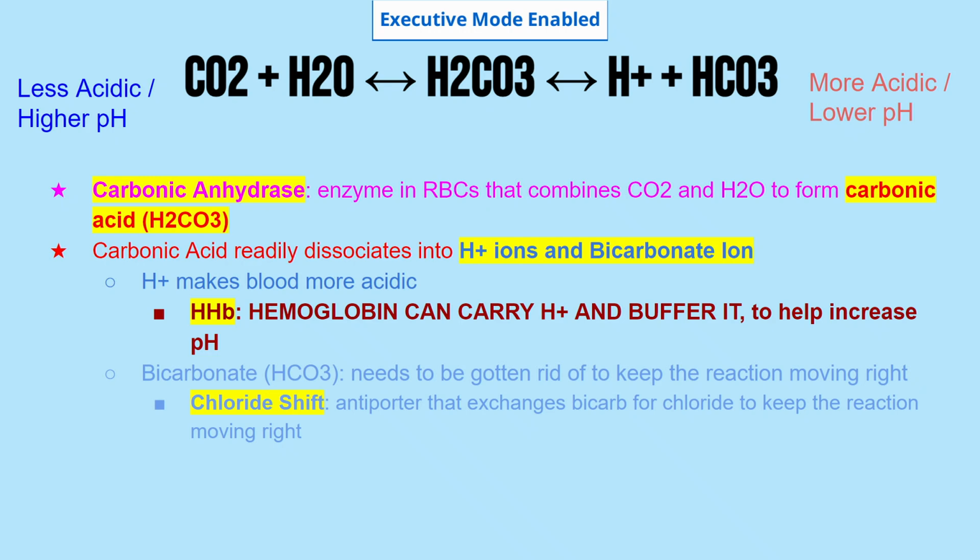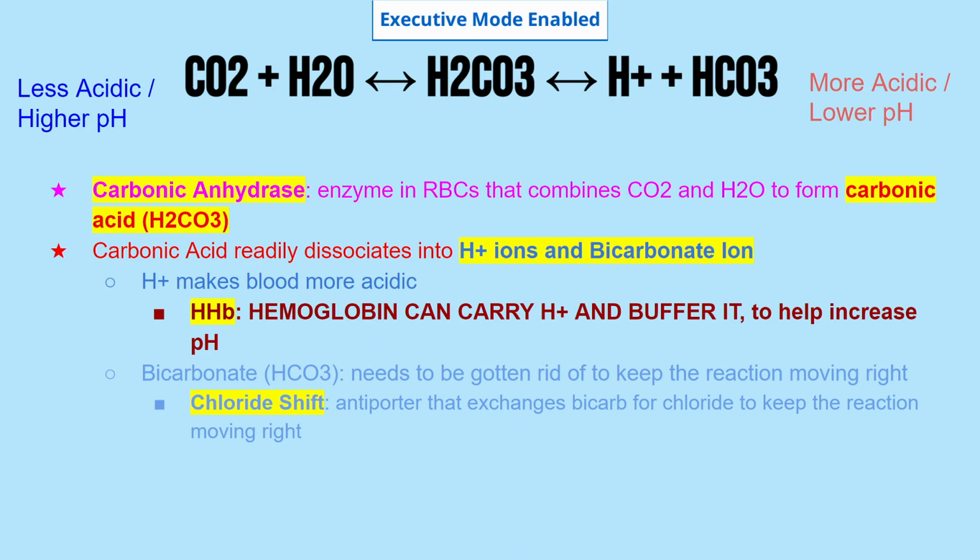Okay, so here's the equation broken down a little bit more. Carbonic anhydrase is the enzyme that combines carbon dioxide and water to form carbonic acid, which is H2CO3 in the middle. And then carbonic acid, once it's formed, readily dissociates into hydrogen ions and the bicarbonate ion, which is HCO3.